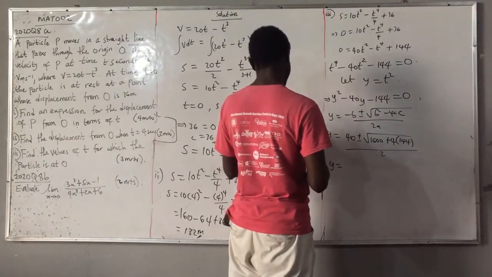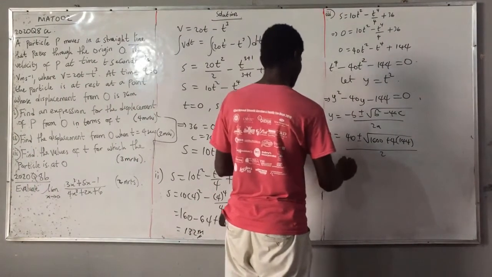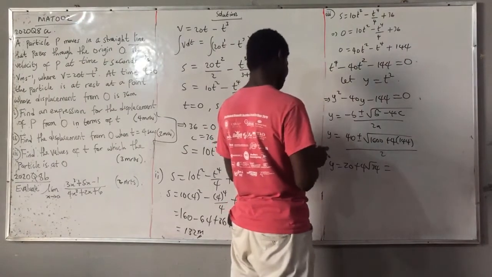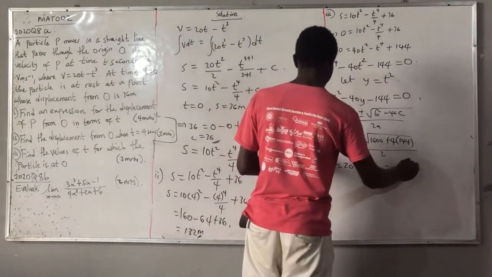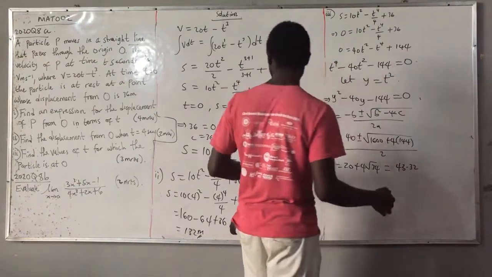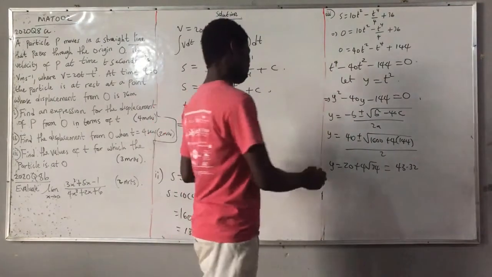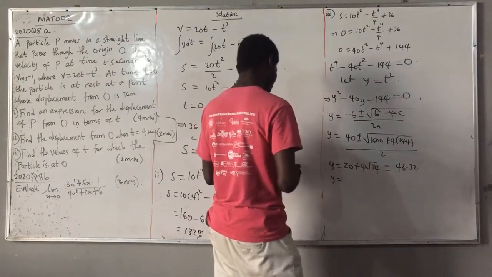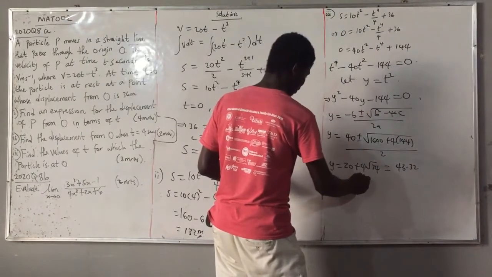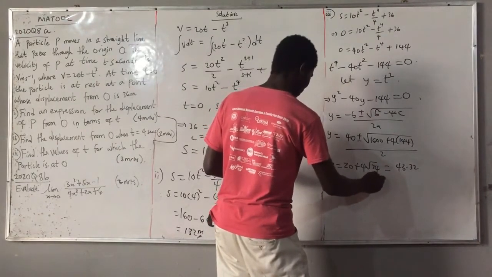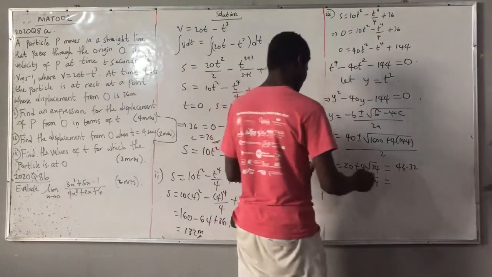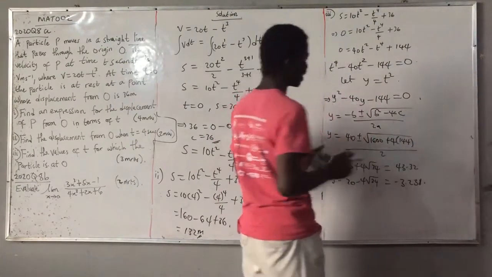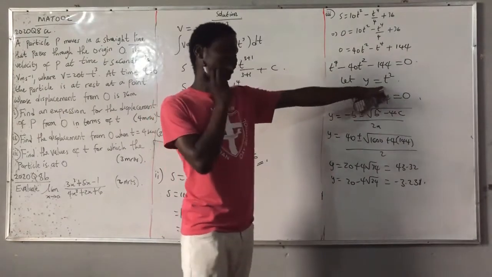I got y is 20 plus 4 root 34, which is actually equal to 43.32. Then the second one, y is 20 minus 4 root 34, which will give me minus 3.238.